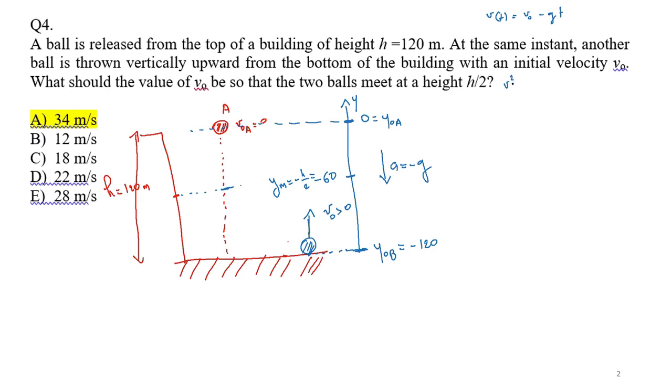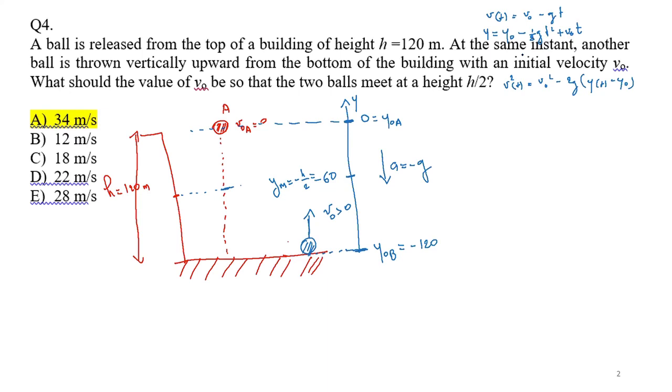V square at any time is equal to V naught square minus 2G times Y at that time minus Y naught. And what is the third equation? The third equation is Y is equal to Y naught plus V naught T minus half GT square. Okay, these are in your formula sheet.